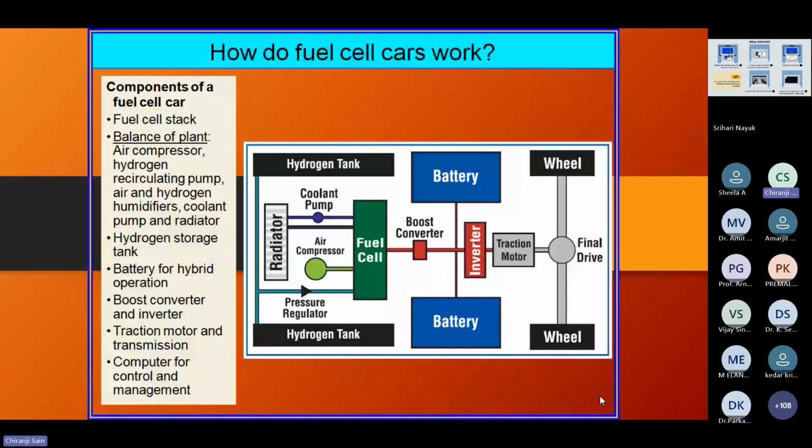But later on, the transmission efficiency is one of the very important aspects in this fuel cell hybrid electric vehicle technology.